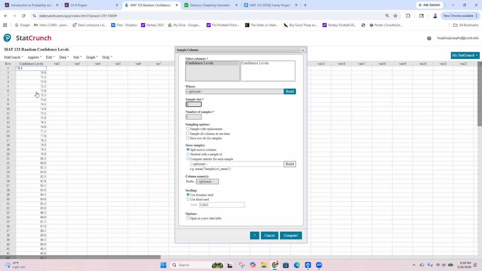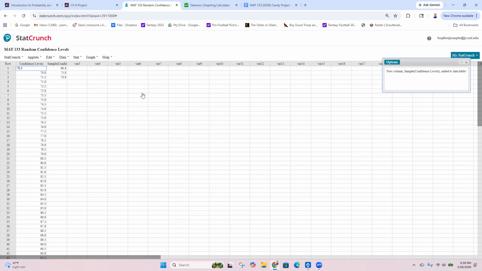Basically that's just picking 3 of these numbers at random. We hit compute, and it picks 3 of those numbers, and you write those down on your paper. I've got 86.8, 75.8, and 70.8. Your numbers will be different from mine.